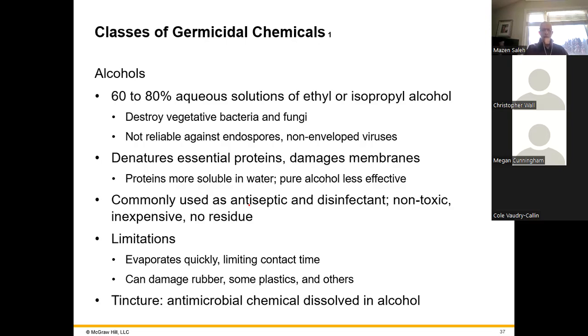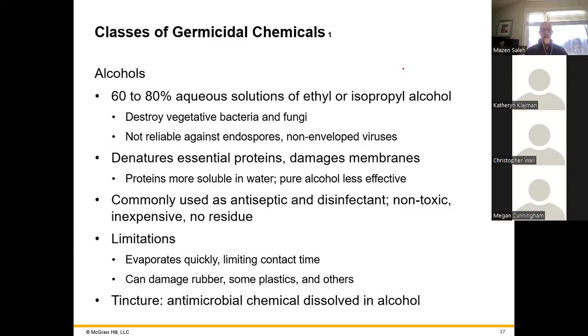Why would we use 100%? It'll be more effective, no? Anyone want to take a crack at answering that question? It's toxic and it would evaporate very quickly. Yes, both good points.